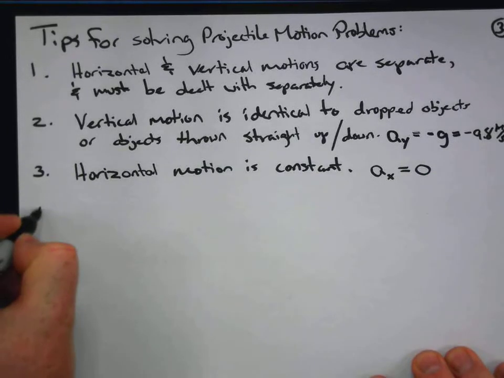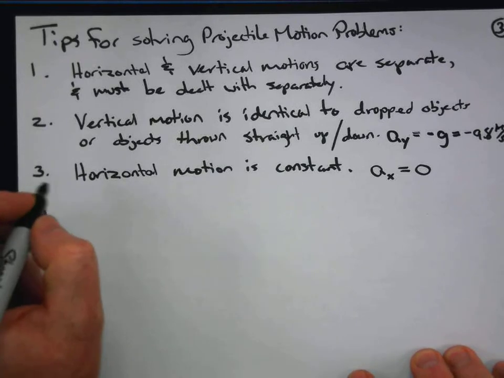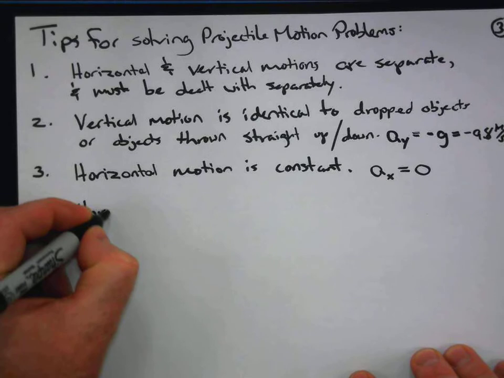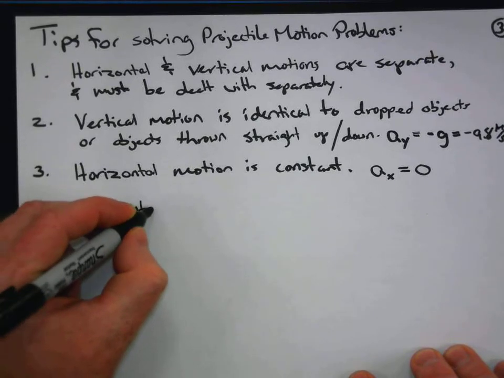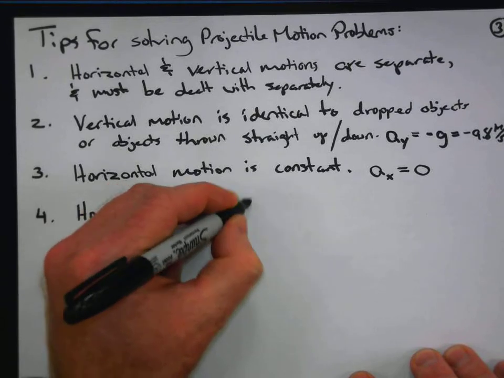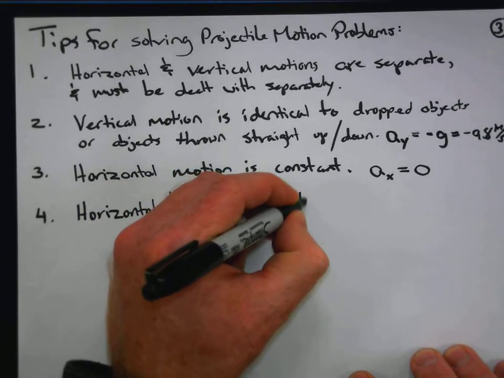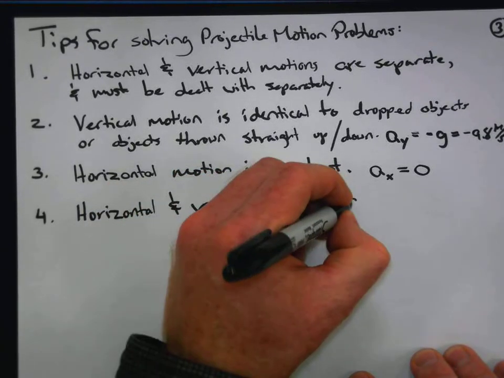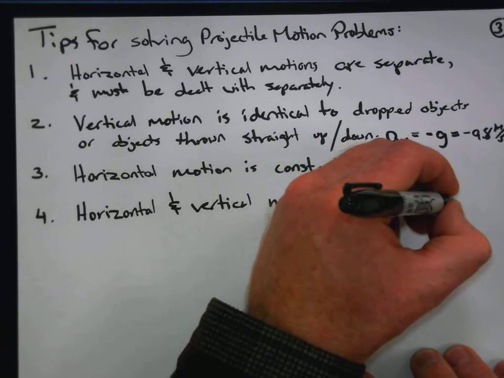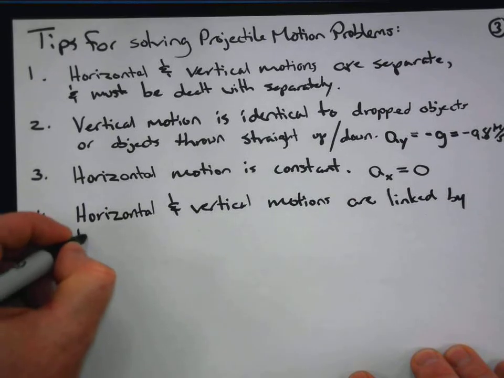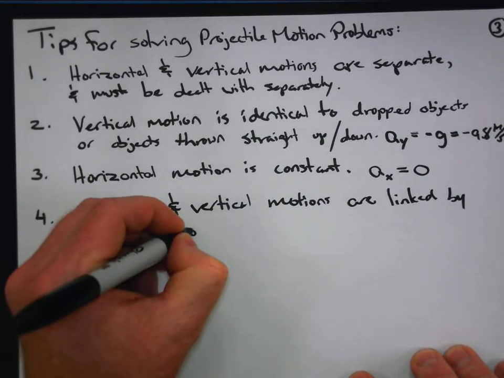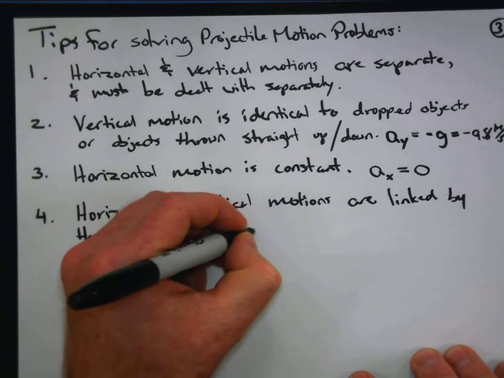The final tip is that horizontal and vertical motions are linked or connected by the variable of time.